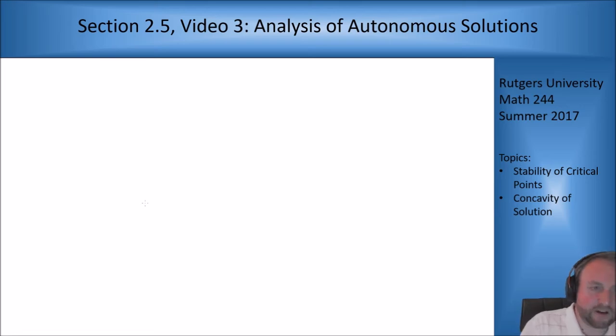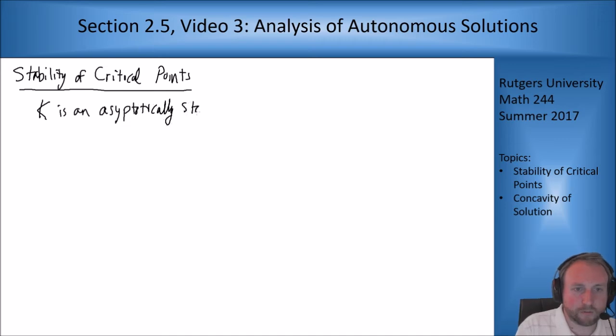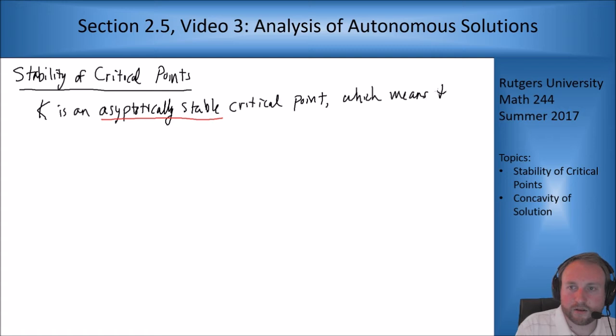So we're talking about here stability of critical points. In this case, k is an asymptotically stable critical point, which means that solutions close to k continue to get closer to k over time.